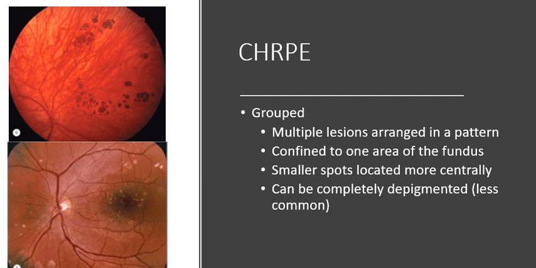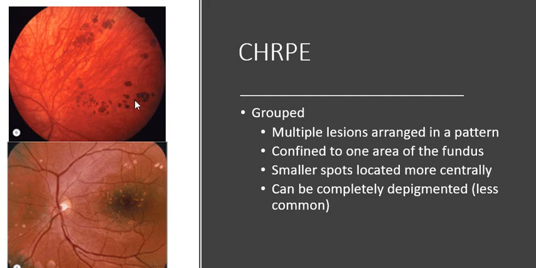This slide here is showing you a grouped CHRPE, and they are multiple lesions which are arranged in a pattern, and usually just in one area of the fundus. So the pattern simulates animal footprints, and so we sometimes call this bear track pigmentation, like that.